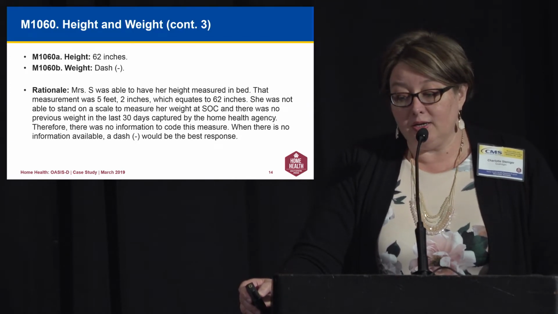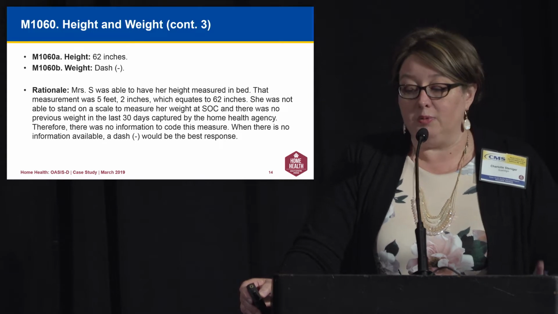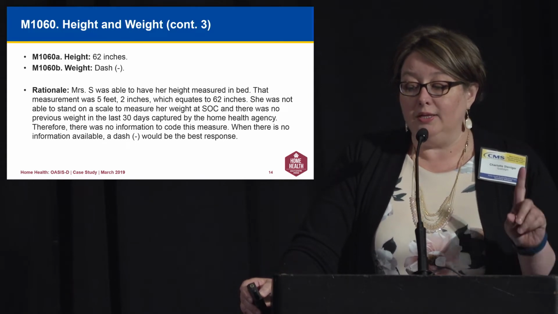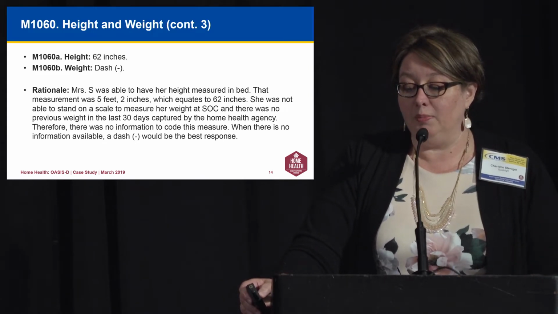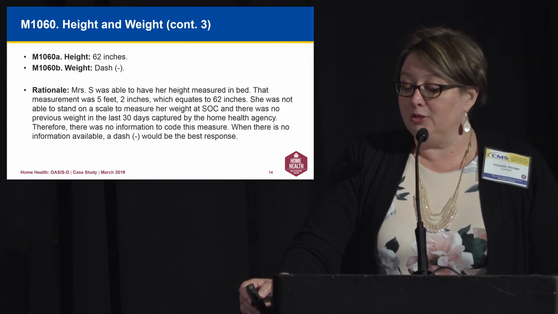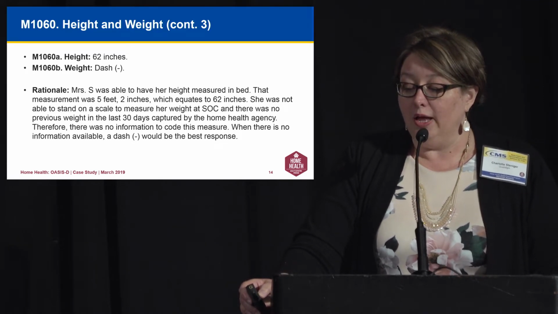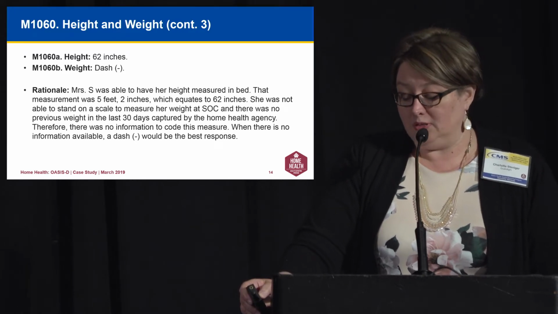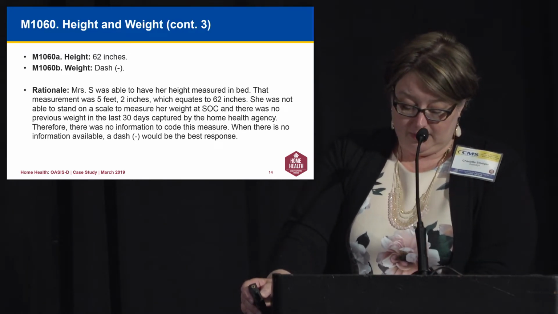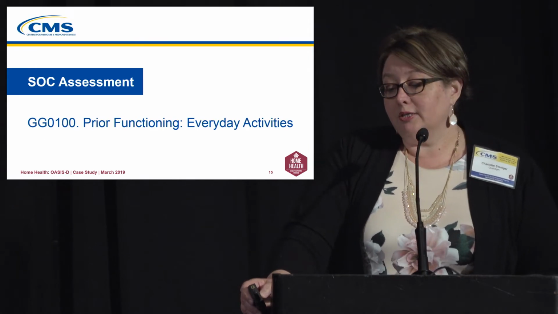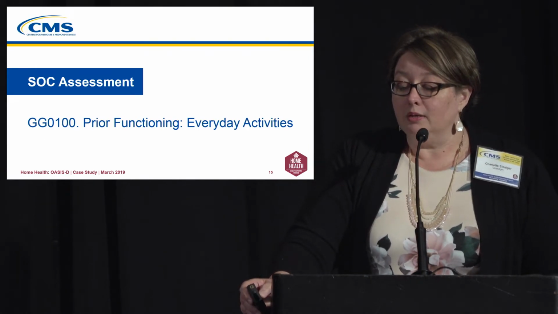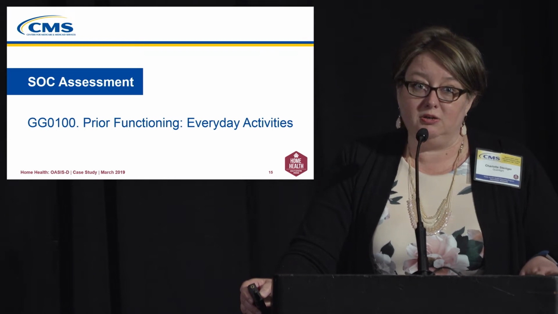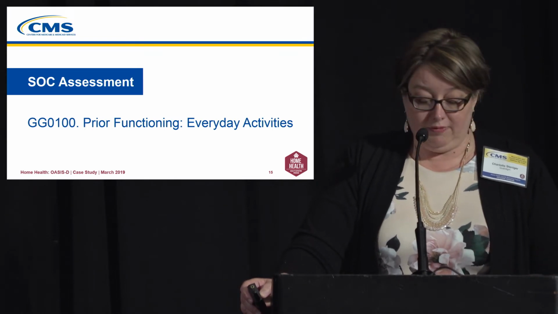She was not able to stand on a scale to measure her weight at start of care, and there was no previous weight in the last 30 days captured by the home health agency. Therefore, there was no information to code this measure, and when there is no information available, the dash would be the best response.